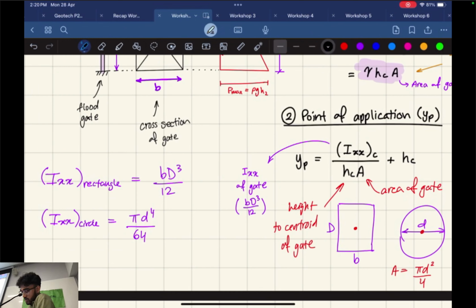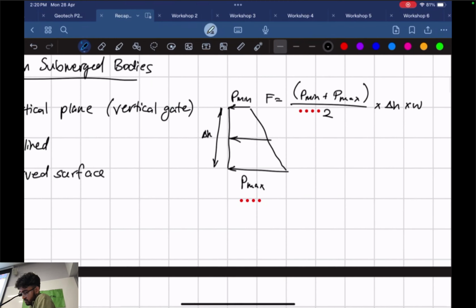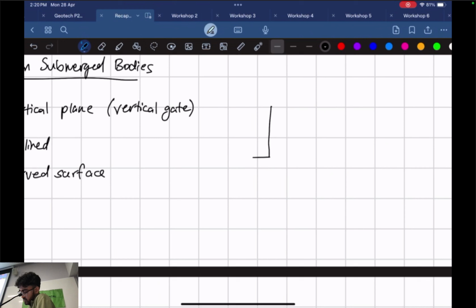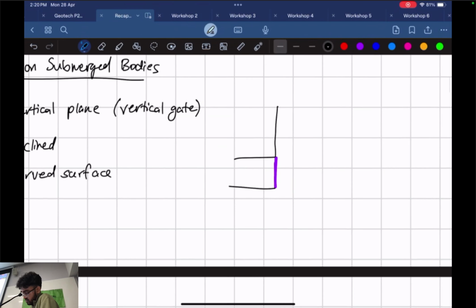For example, say this is a fixed surface, and this is our gate over here, where the gate looks like this. It's just a circle. We can actually find what the center of the gate is.